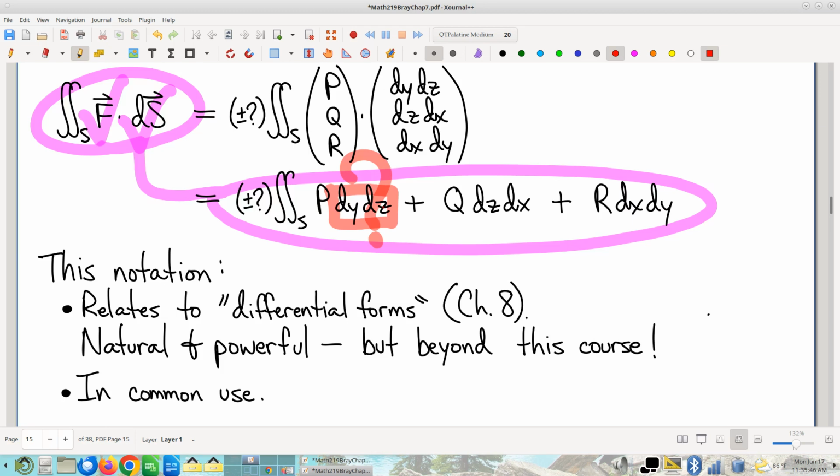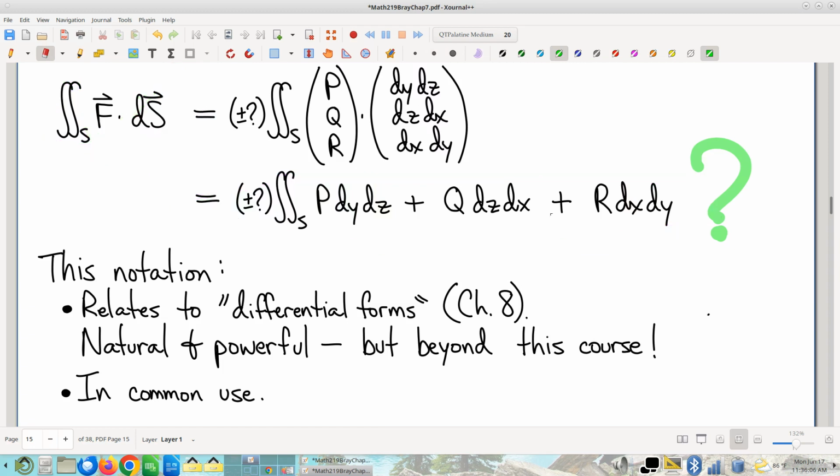So in Math219, I expect most of us are going to prefer that notation, and I'm not clear why in Math219 we would use this notation unless we had to, unless every so often it happens to be convenient.